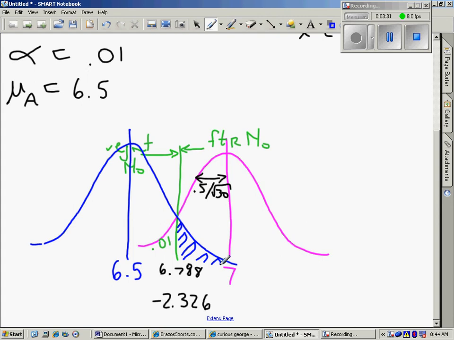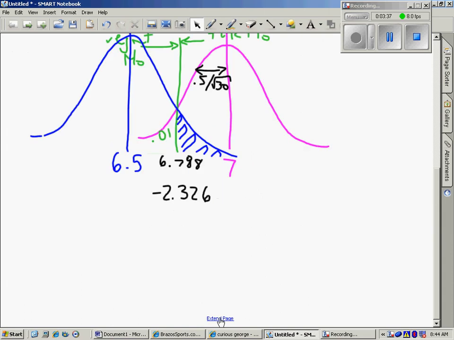I ought to reject H0. We'll keep doing this in blue. So I want to know beta, which is the probability of type 2 error. That's the probability I get an X bar greater than 6.788.